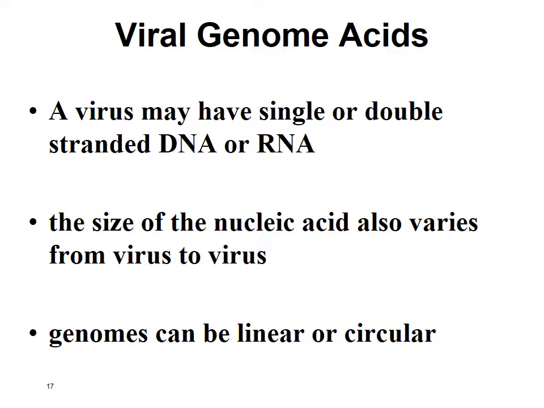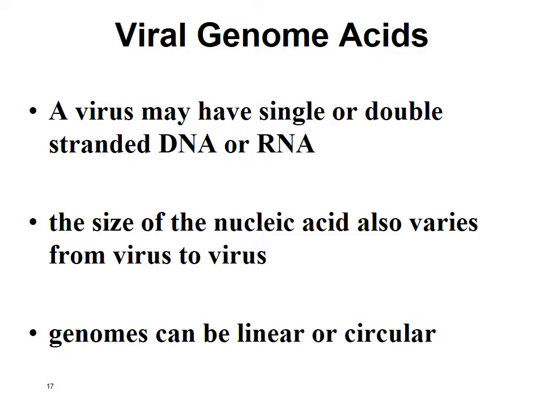And this enables them to synthesize over 100 proteins. Some of the genomes can be linear, others are circular, and in some viruses, the virus can switch from one form to the other.